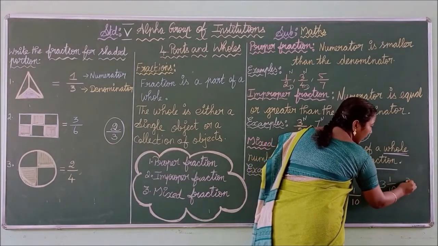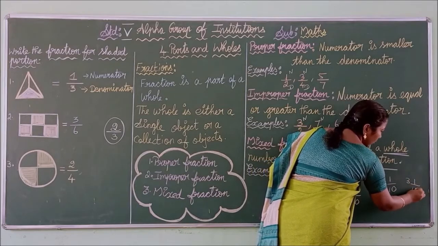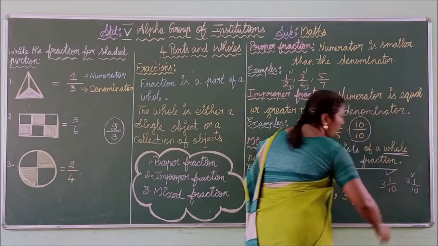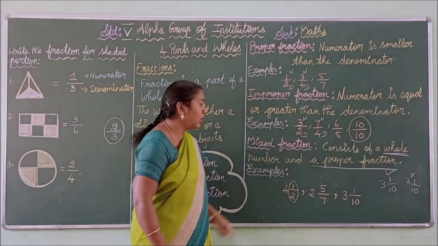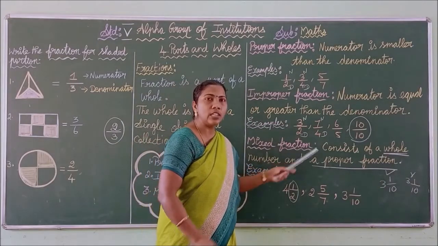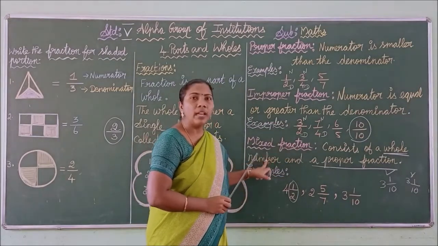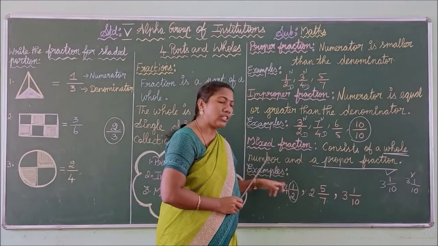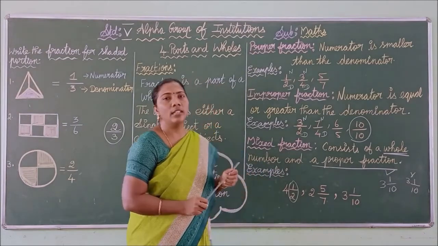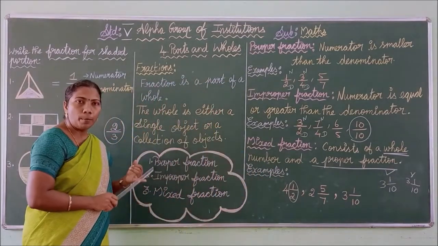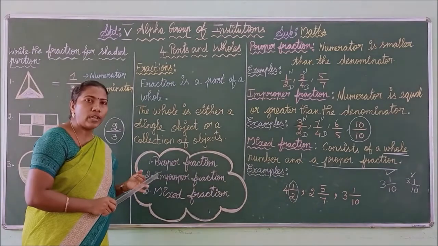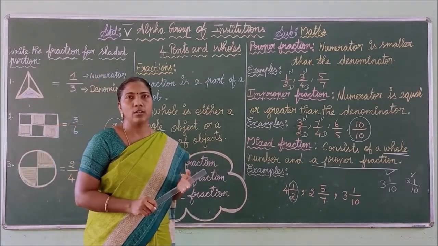Don't write 3 as the numerator like this. Okay. This is the correct way of writing the mixed fraction. Thus, mixed fraction consists of a whole number and a proper fraction. Do you understand, children? What are the types of fraction? Proper fraction, improper fraction, mixed fraction.